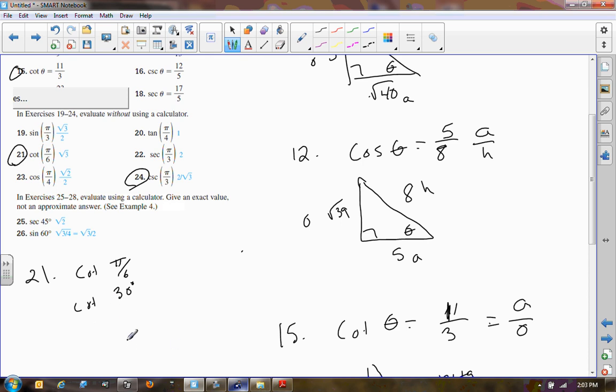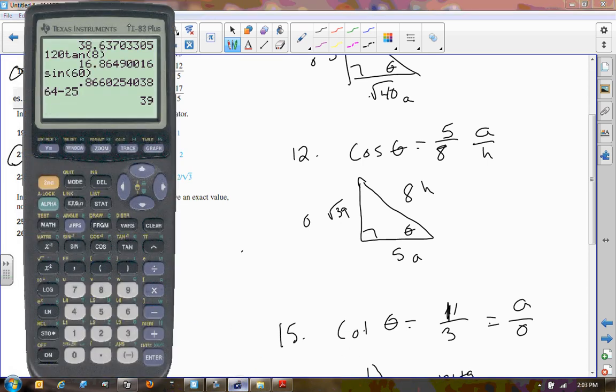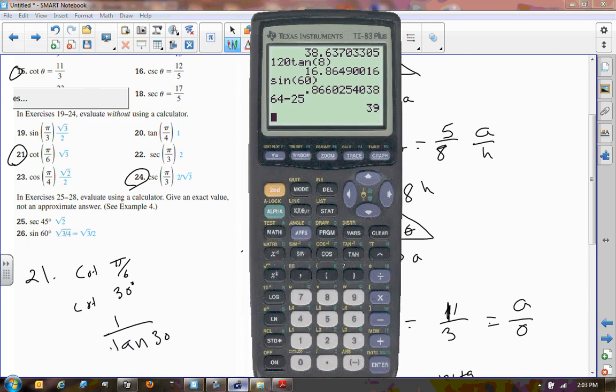Cotangent is the opposite of tangent, so it's 1 over the tangent of 30. See, I've got a tangent, but not a cotangent. So it's 1 divided by tangent of 30, because I changed my degrees to radians. It's 1.7.